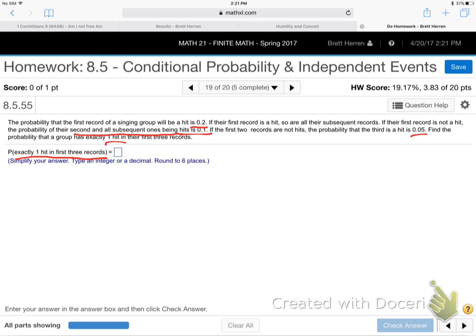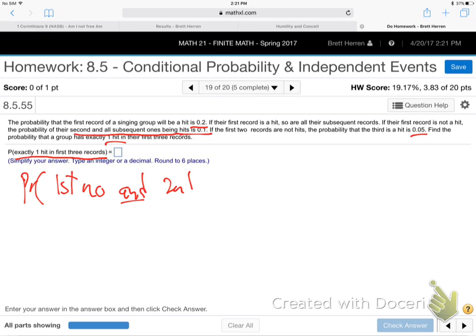Okay, so what's the chance the third one's a hit? Well, can I just say 0.05? Almost. That's the chance the third one's a hit, yes, but that's if the first two are not hits. So I can't just say that alone. They're really asking, what's the probability the first is a no, and what's that mean I'm going to do? Multiply.